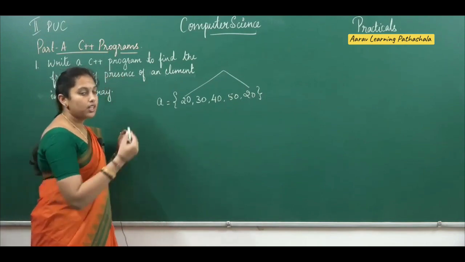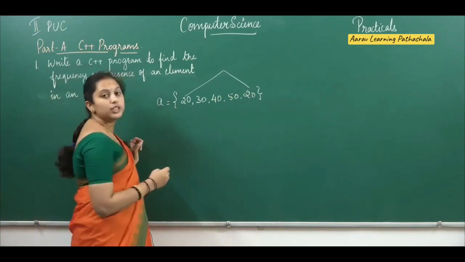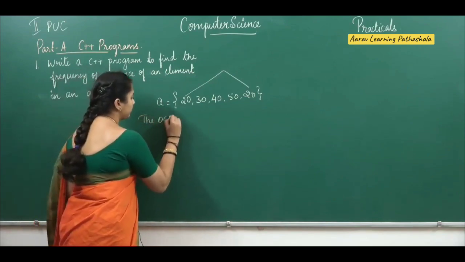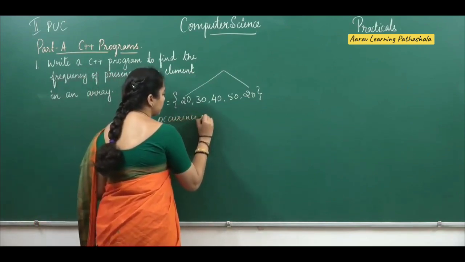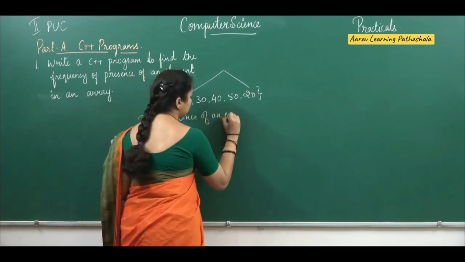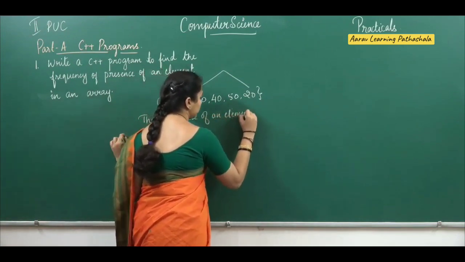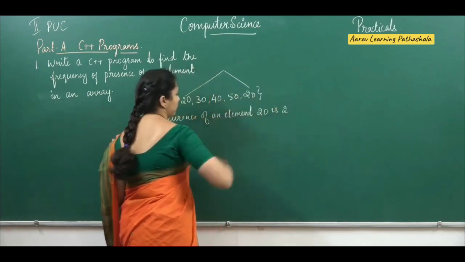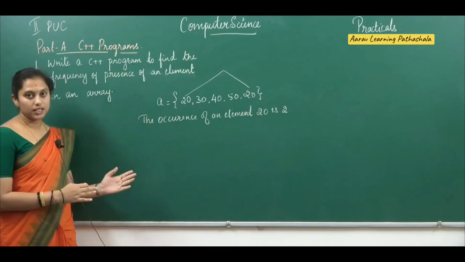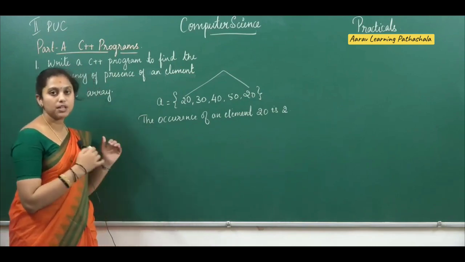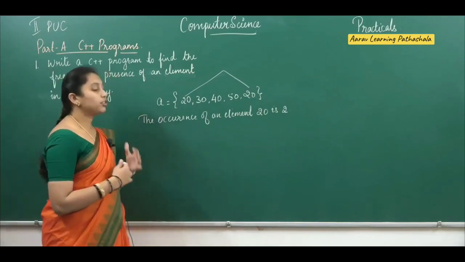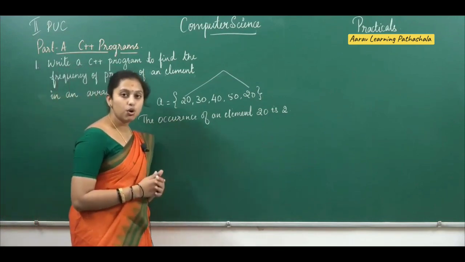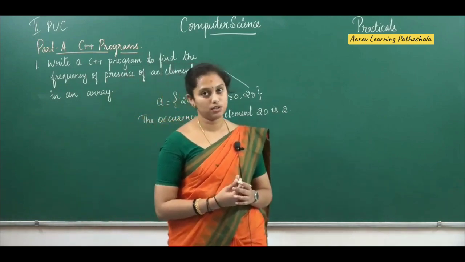I am going to count the occurrence of element 20 in the array. So the occurrence of element 20 is 2. For this concept, we are going to write a C++ program. For the detailed explanation of this program, you can refer to session 2 of chapter 4, data structures.